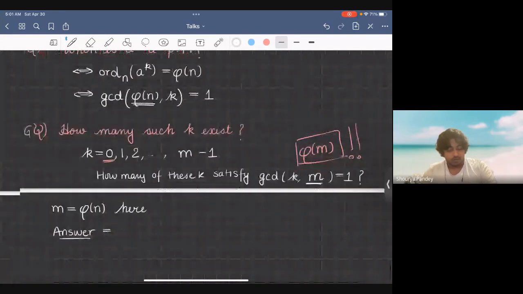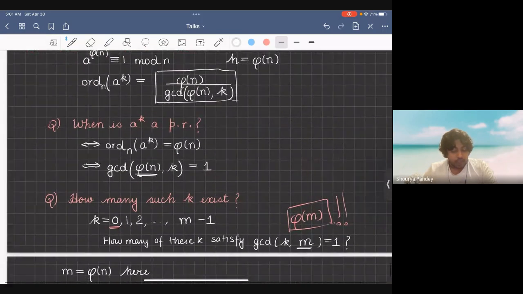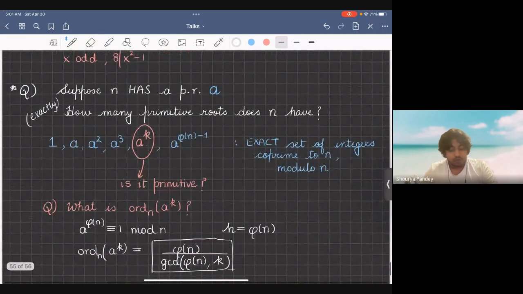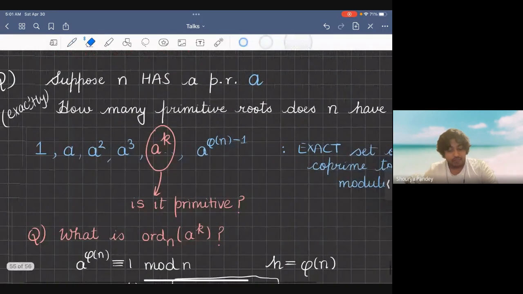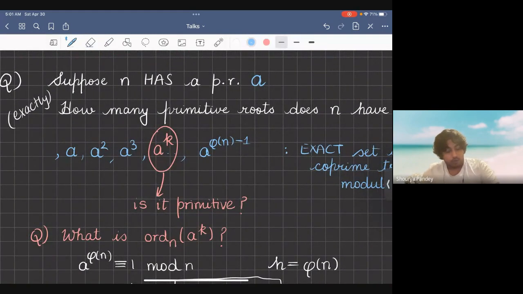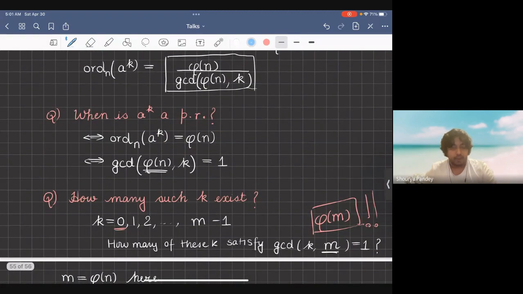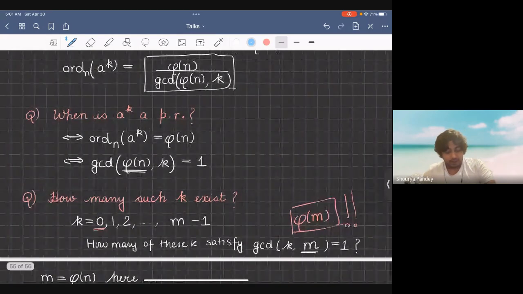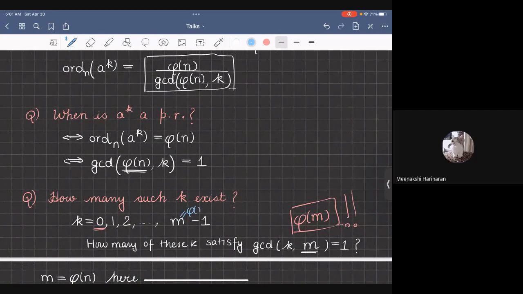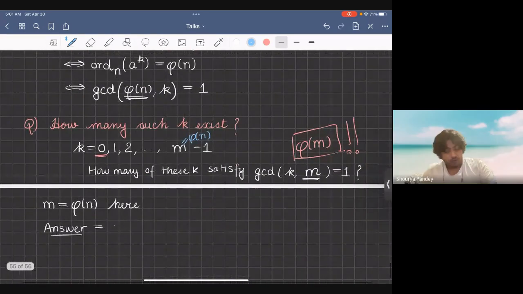Because we're looking at the set of k, where k is the exponent, so k is either 0 or 1 or 2 or so on up to phi of n minus 1. And we want that k to be co-prime to phi of n. So here m is exactly phi of n, and our answer is phi of phi of n.